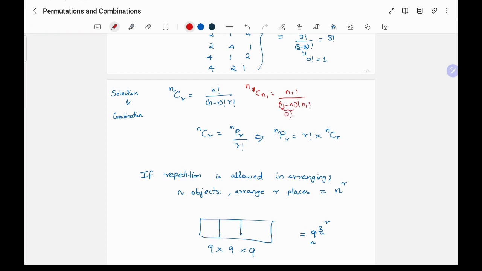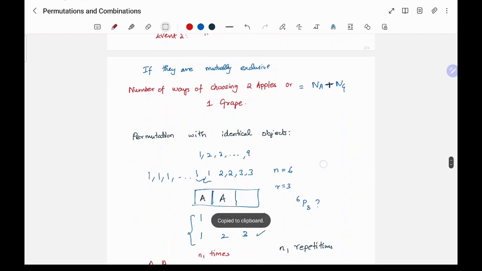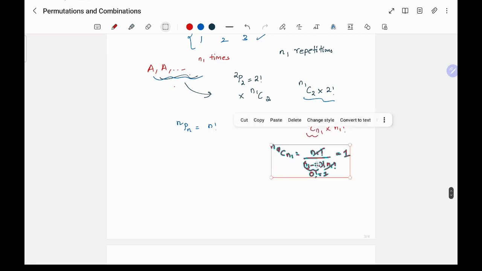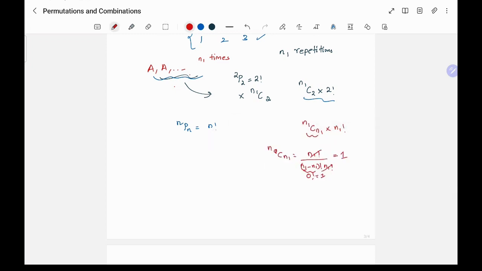So if you say this is 0 factorial equal to 1 and n1 factorial cancel, this is 1. So nCn for any n is equal to 1, and we have 1 into n1 factorial, which will be equal to n1 factorial itself. So we need to divide by so many numbers, right? So it will be n factorial by n1 factorial.